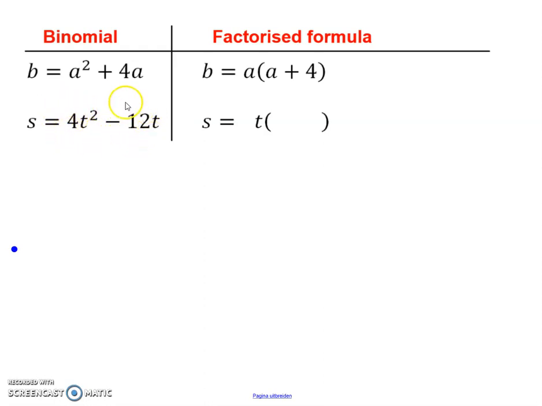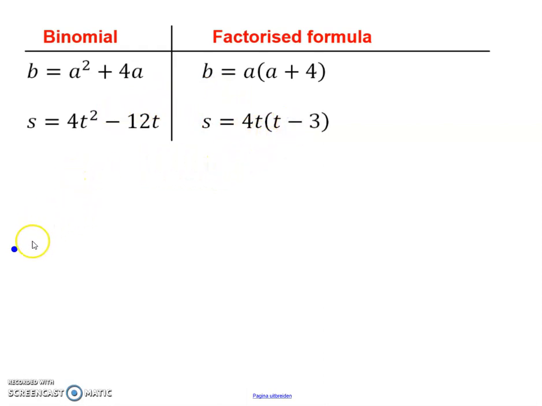And minus 12 can also be divided by 4. So outside the brackets should be 4t. Then you think again, 4t times something needs to be 4t squared. So over here should be t. 4t times t is 4t squared. 4t times something should be minus 12t. And that should be minus 3.